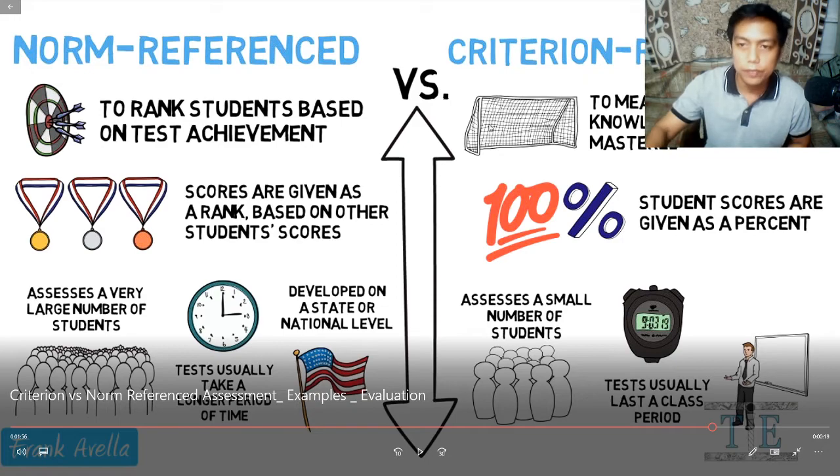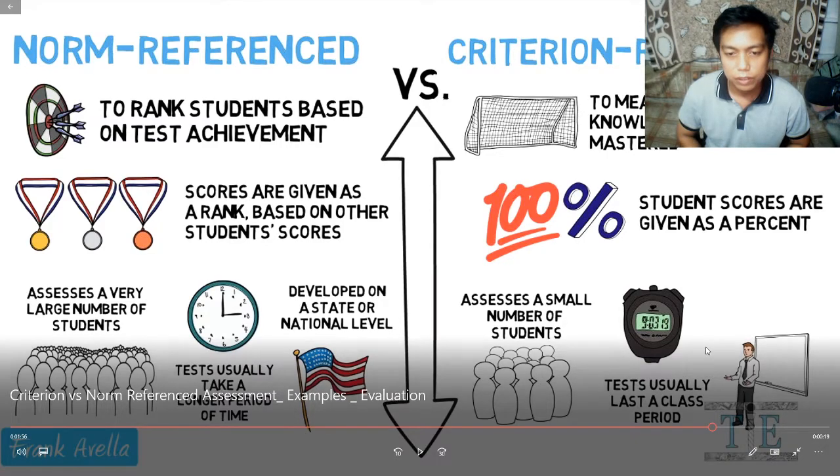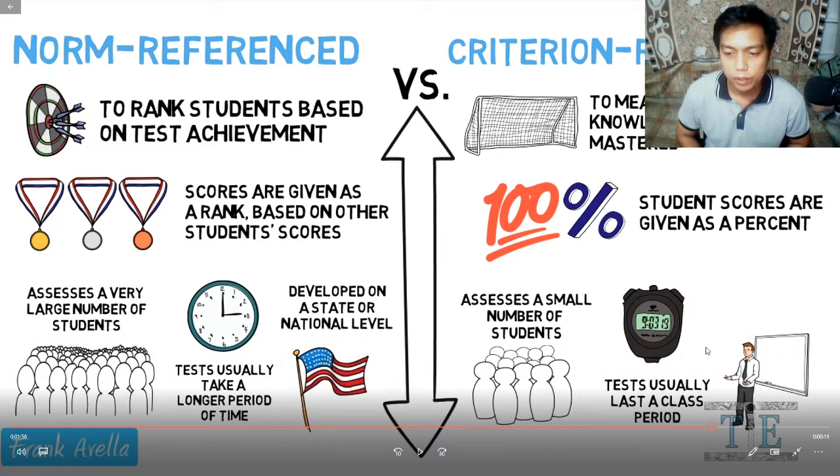Say we have an examination in the classroom, that would be a midterm. But what if your examination is being used for your ranking system, for your section? What reference would it fall under, criterion or norm?